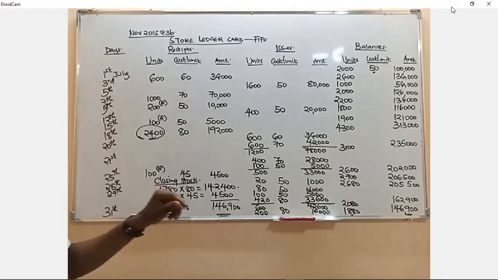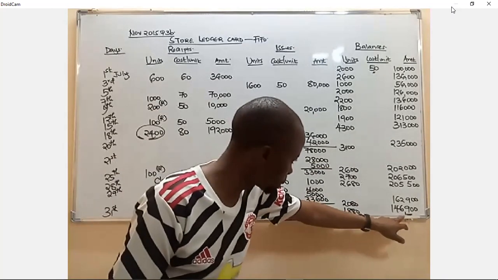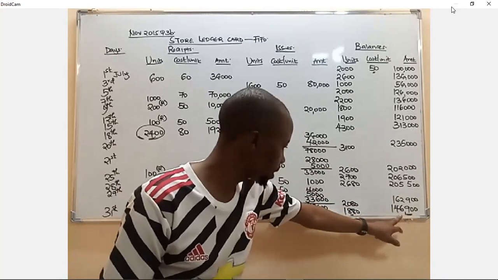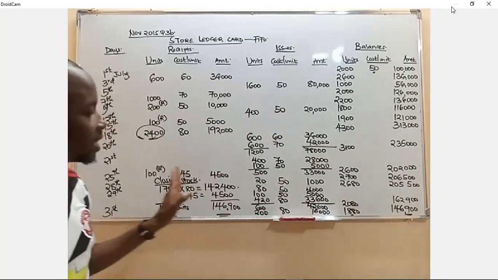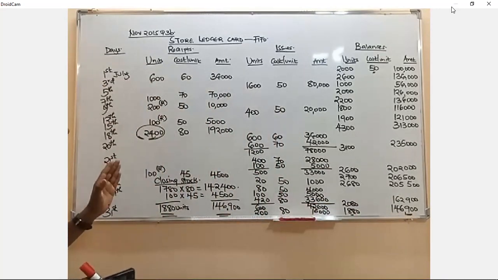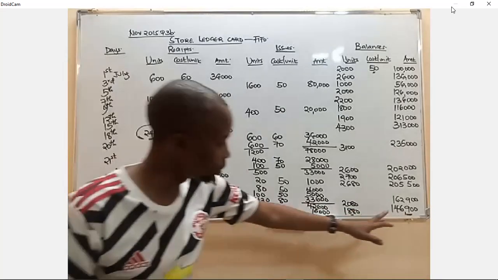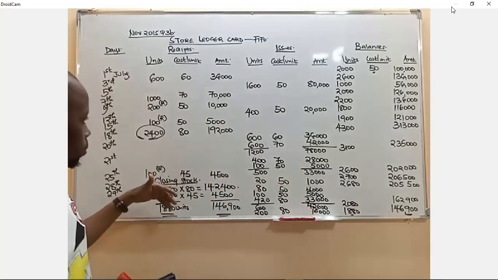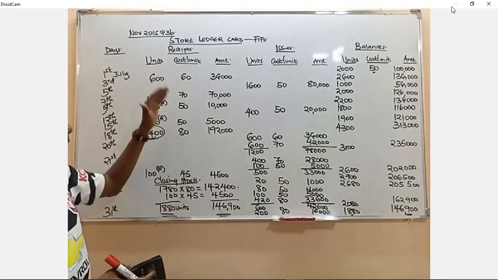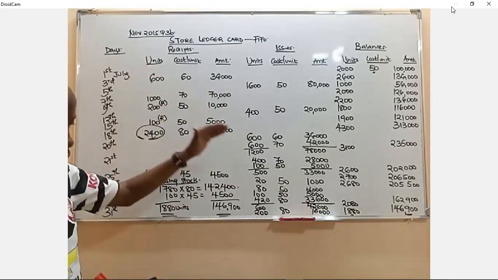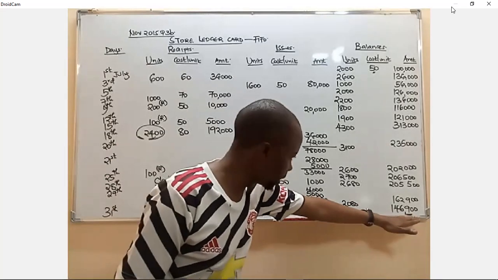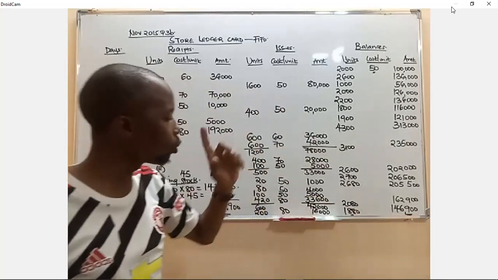You can use the other method to do it. But the only difference is, amount might be different, but the units will always tally regardless of the method that you are using. Because nimejua vizuri, the amount inaweza vary based on the method you are using. Because kama ni LIFO, you are using from downwards upward. So the amount might not be the same, but the units will always tally.